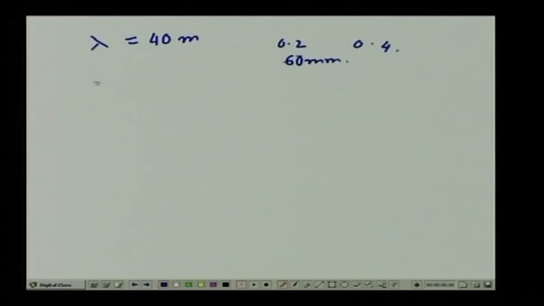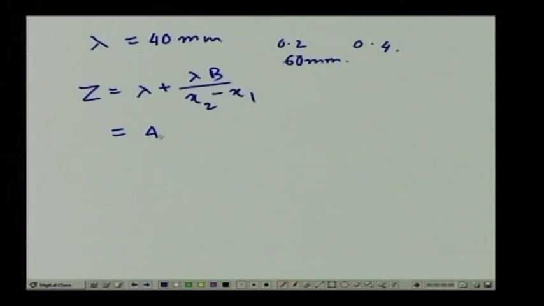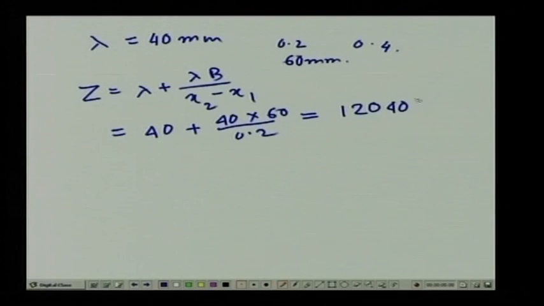So, if I simply use the formula, say z equal to lambda plus lambda b by x 2 minus x 1, you find that this will be equal to 40 plus 40 into 60 divided by 0.2, because x 2 minus x 1 in this case is 0.2, and which comes out to be 12040 millimeter. Okay.